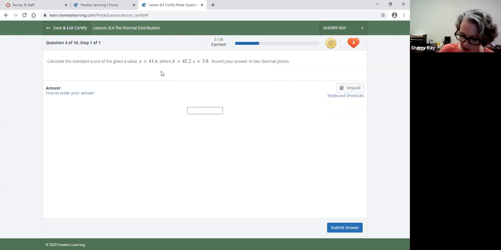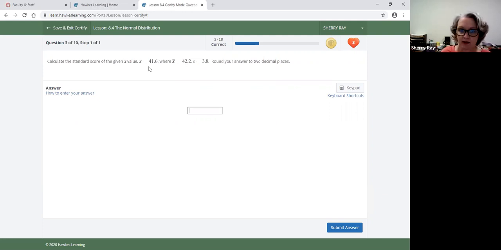Now, I want to mention to you what this means. If our average is 42.2, and you're looking at a comparison of an individual data point, let's say you're below average height, then that means that your z-score is going to be negative.